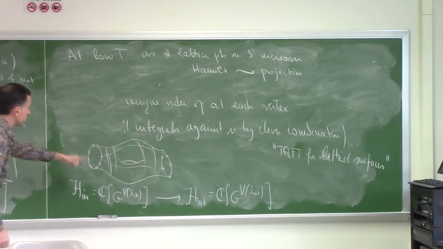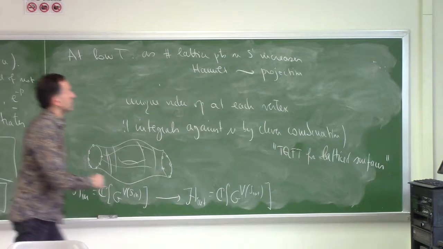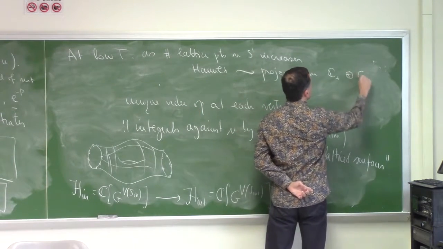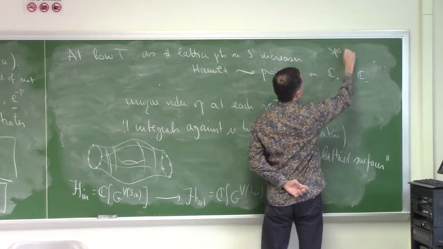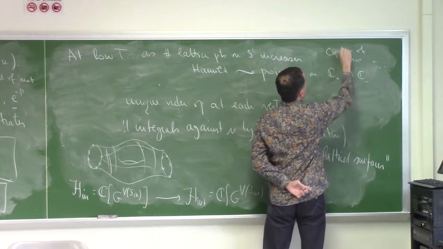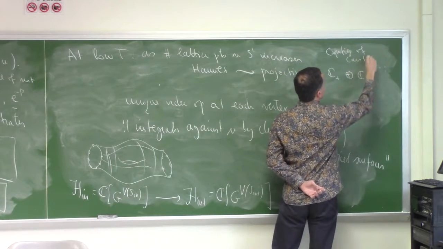The function of the two spaces where the spin is either plus 1 or minus 1. Projection on, let's say, C plus and C minus, the spaces of constant spin configurations.